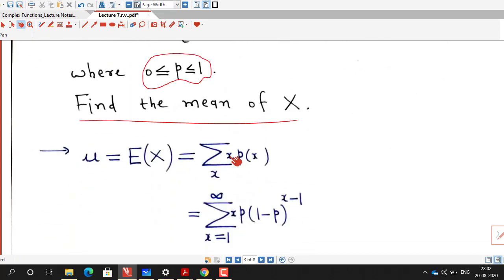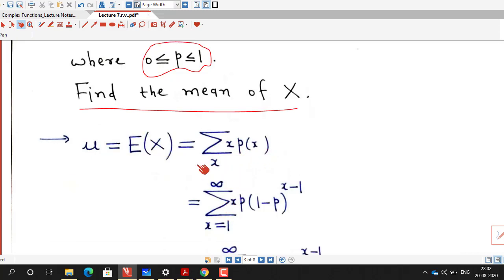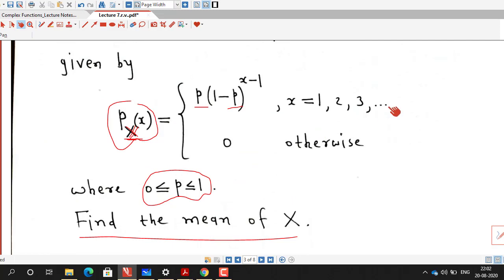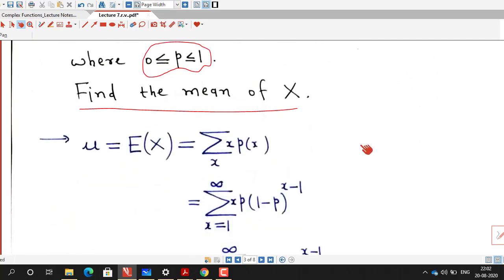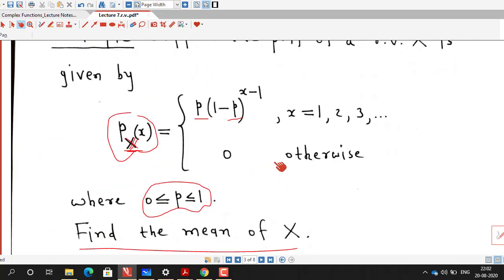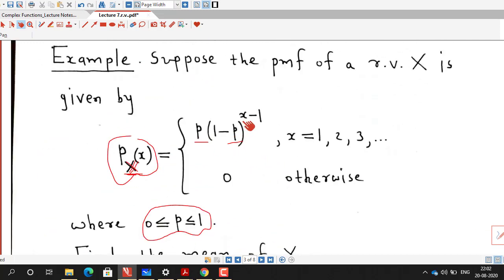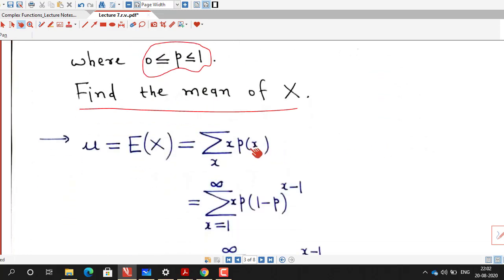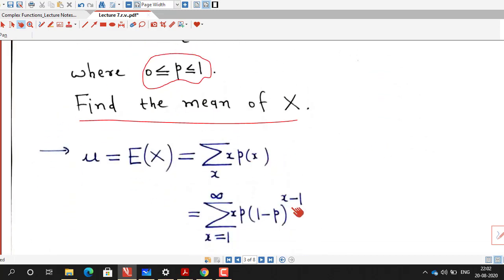Mean is nothing but summation of x into p_X(x), where here range of x is 1 to up to infinity. For other values, probability mass function is 0. And p_X(x) is p into 1 minus p raised to x minus 1 if x is natural number. So we substitute that value here.